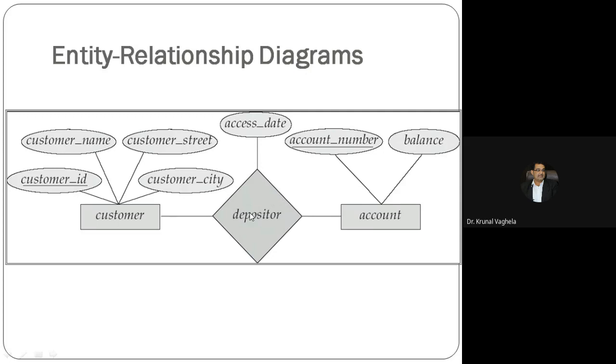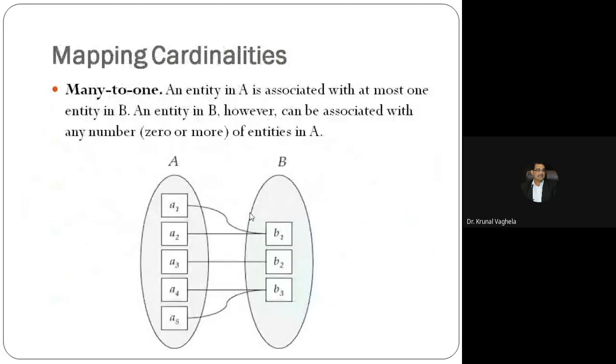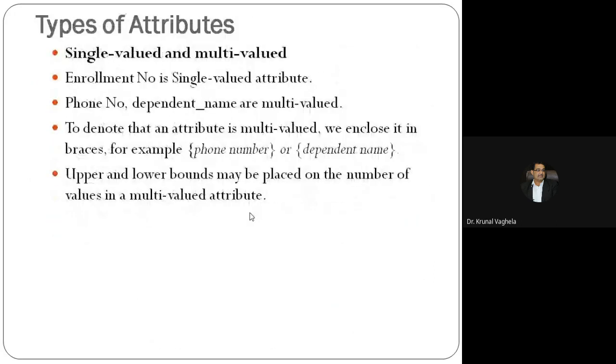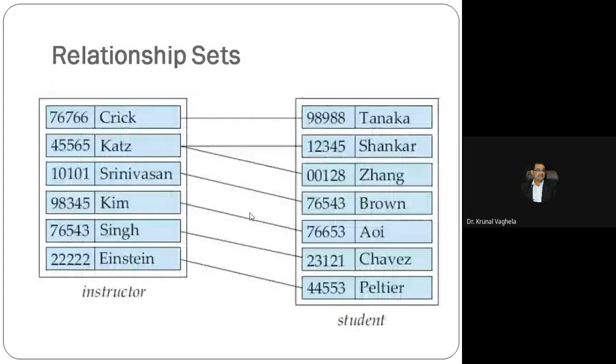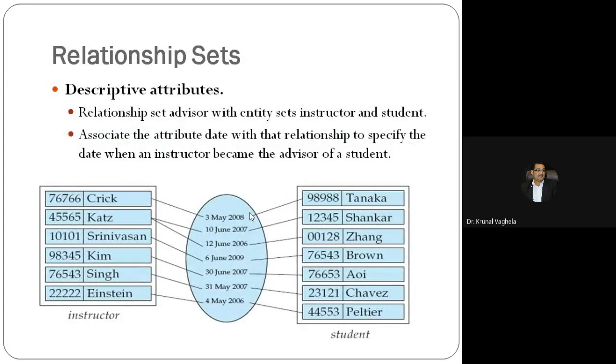So what will we call it if the relationship is having an attribute? It is a descriptive attribute.